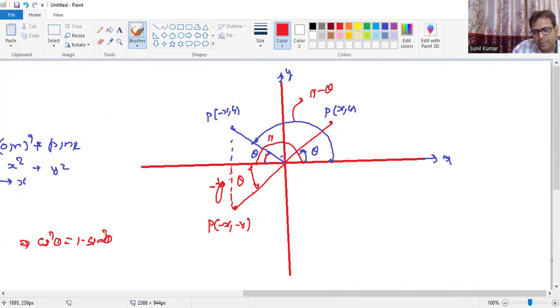Suppose we want to write the angle from this principal axis to here. So yes, we can use the concept here. This is the pi and a plus. This angle we can write pi plus theta.